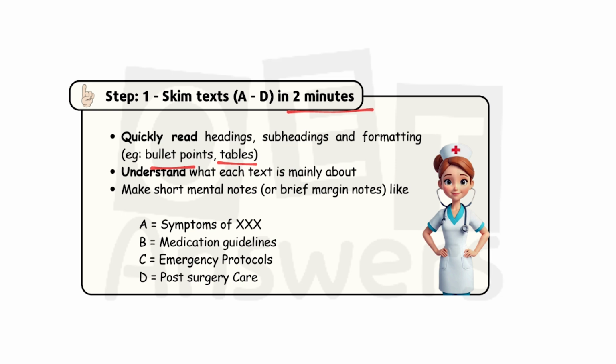Then moving to the second step, understand what each text is mainly about. If we are looking into text A, it includes this type of statement and these important descriptions. This is about understanding what information the particular text exactly has. Then make short mental notes.